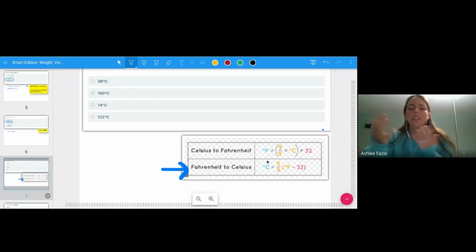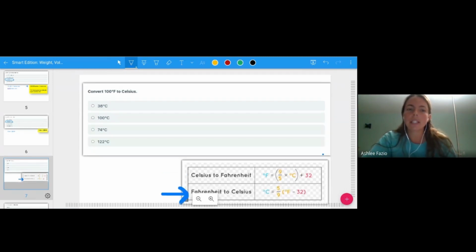And they're essentially inverses of each other. So in all honesty, if you only know one of them, you would be okay. You would be able to plug in what you know and solve for the missing measurement that you need. But if you're able to memorize both, it can be a little bit easier to choose the appropriate one and just plug it in, use your calculator and go.